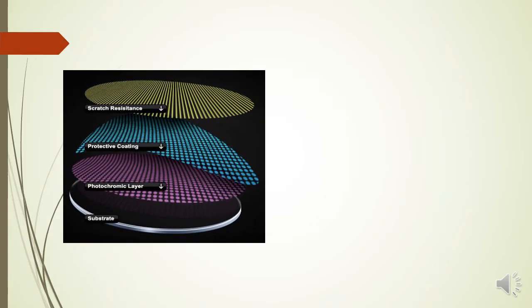The next technology, which is more commonly used nowadays, is called the front surface coating technology. Here a coating layer is applied over the front surface. There is a substrate, or the lens, which is to be made into a day-night, or photochromic, lens.